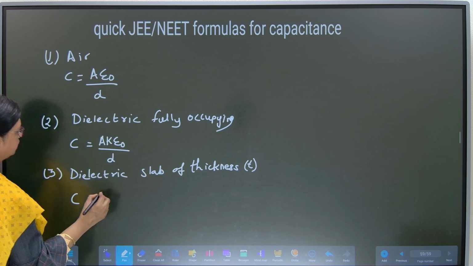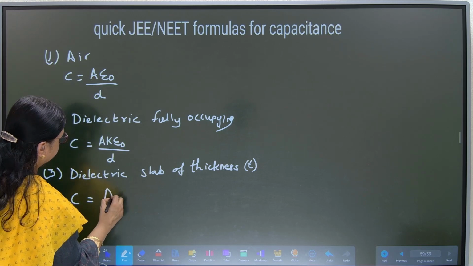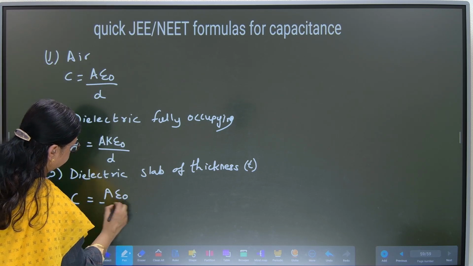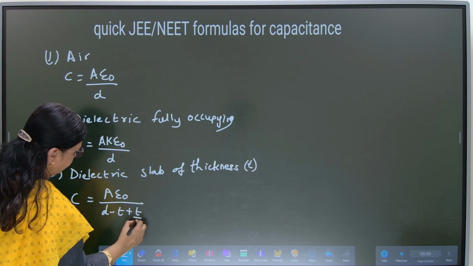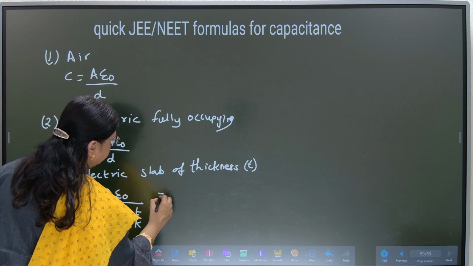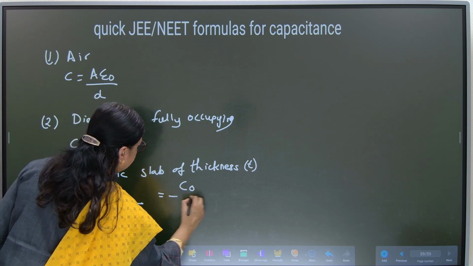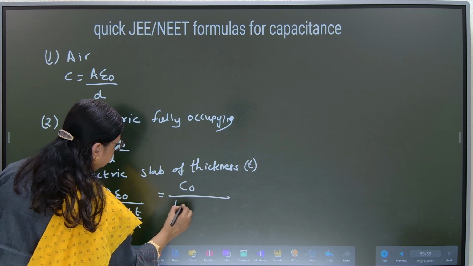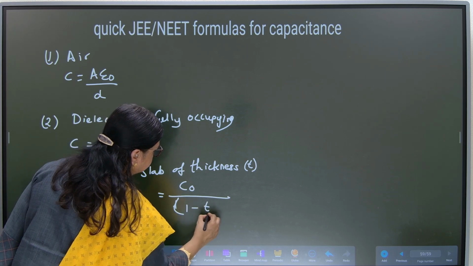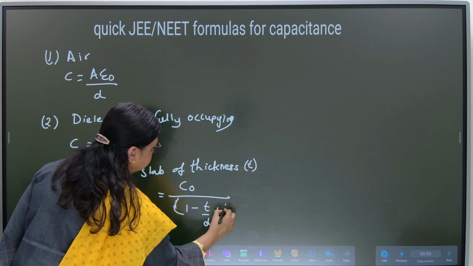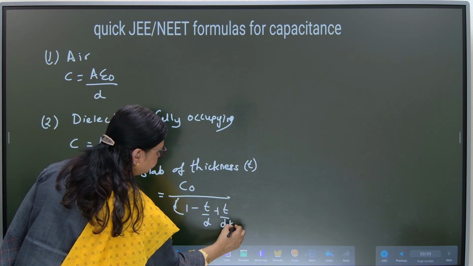The capacitance changes to A epsilon naught upon D minus T plus T upon K, which can also be written as C naught upon 1 minus T by D plus T by DK.